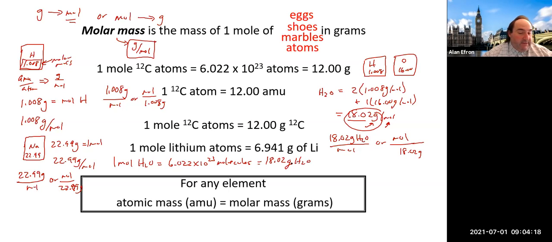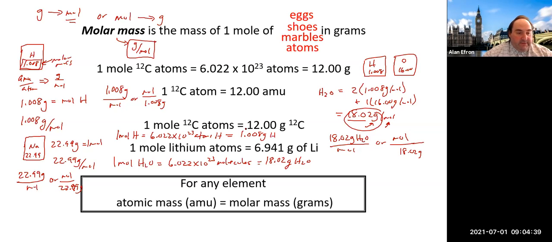Just like what we could see here, if we had 1 mole of hydrogen, that would equal 6.022 times 10 to the 23 atoms of hydrogen, which would have a mass of 1.008 grams of hydrogen.